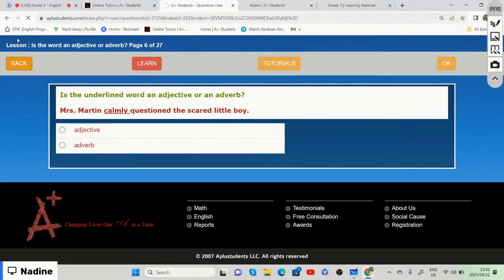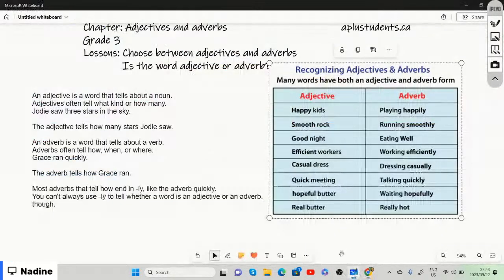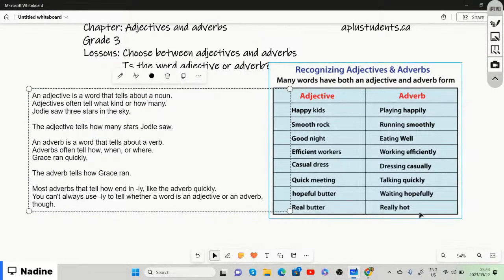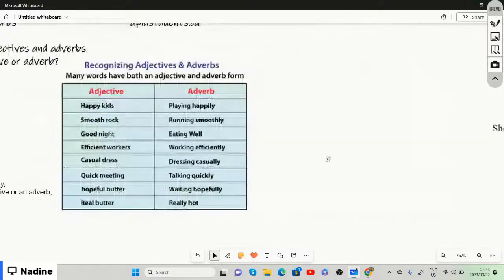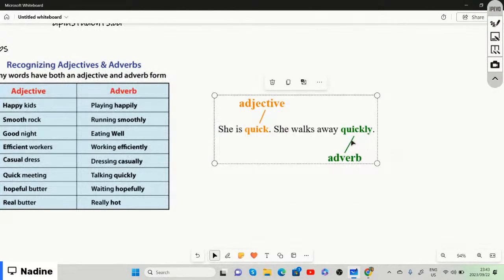All right, so we're going back to our whiteboard. This is basically telling us about examples of how we identify adjectives and adverbs. Because an adjective will tell us about the noun.